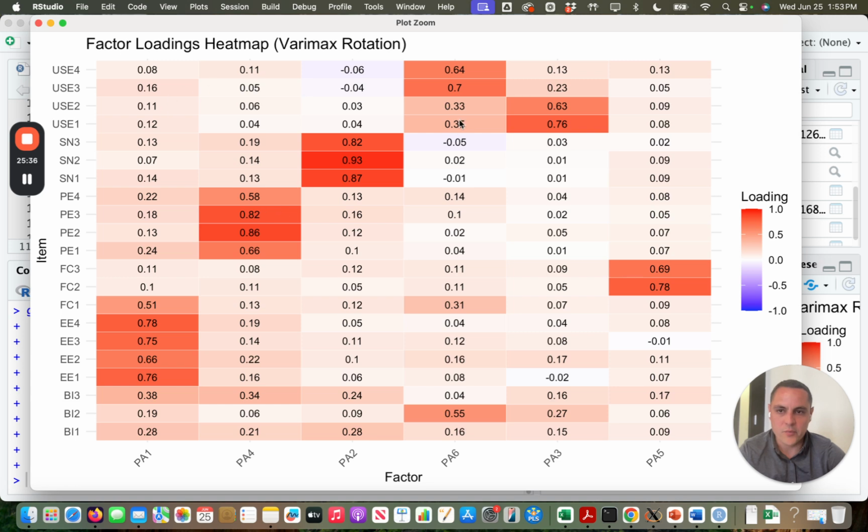What's the separation for each, and what do these different factors represent? There are some questions for us in terms of what some of the factors actually represent. But the first one and the second one are more clear cut, and also the third one, which is PA2, is pretty clear cut as well.